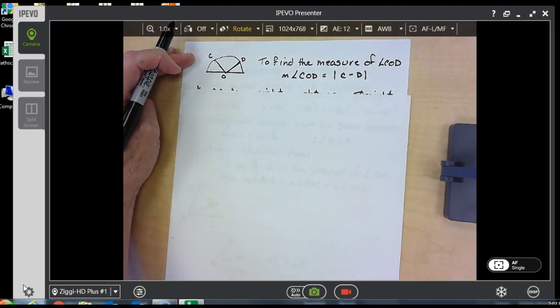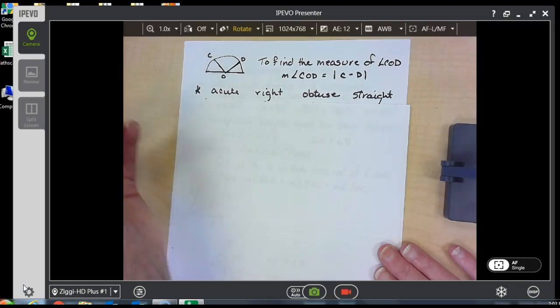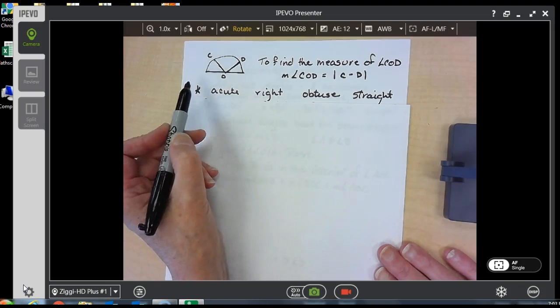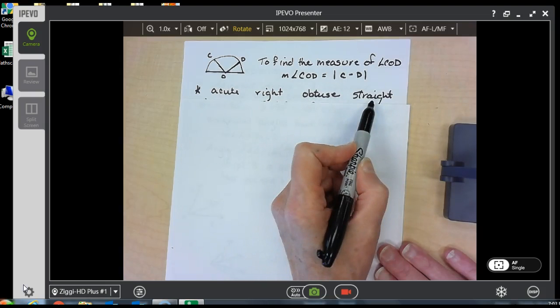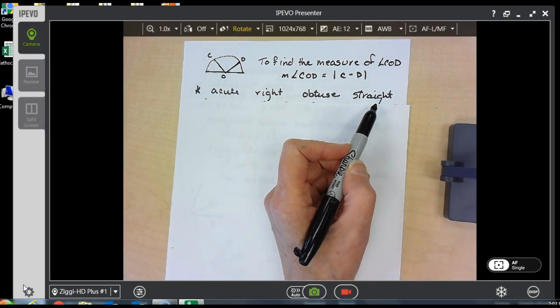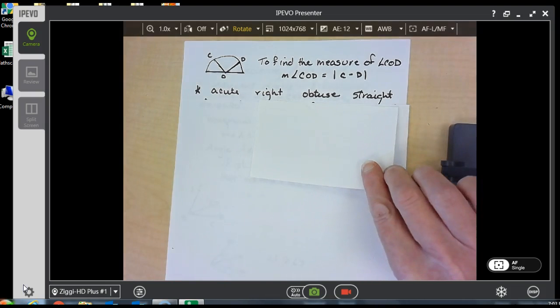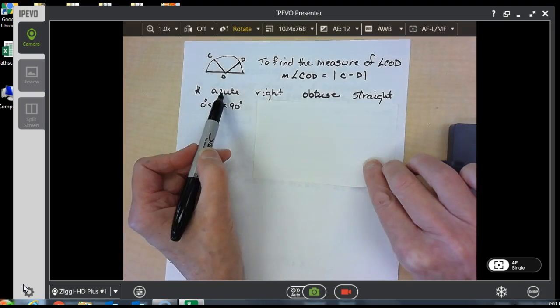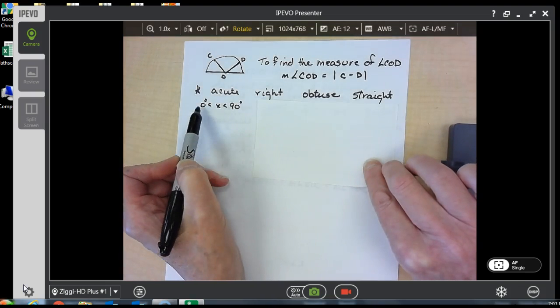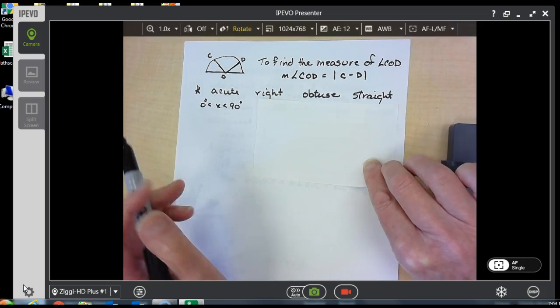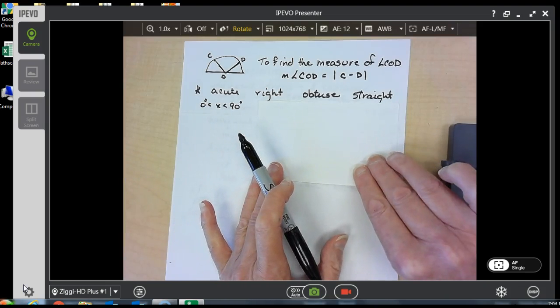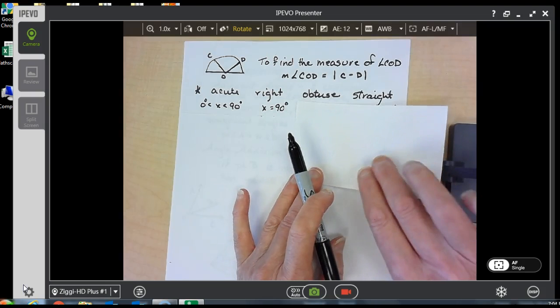All right, so types of angles. These ones you need to know for sure. We need to know acute, right, obtuse, and straight angles. Hopefully you already know some of these, and they are in your head: acute is less than 90. So the value of your angle would be between 0 and 90. So 0 is less than x, which is less than 90. To be a right angle, you need to be equal to 90.